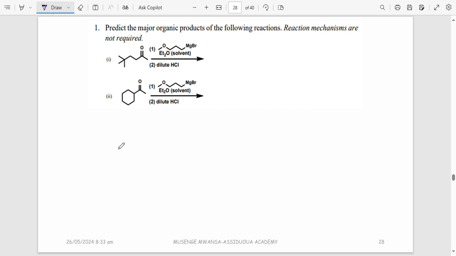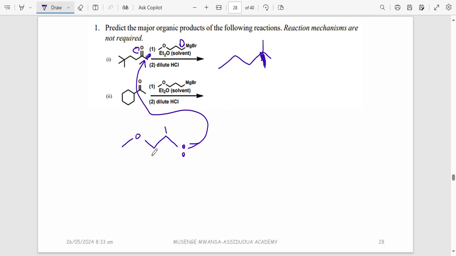Okay, so basically for the Grignard that we have, all you do is remove the MgBr, the bond comes here. So we're going to have a negative charge here. This guy is the one which will go and attack here, right? Breaking this bond. So we're going to form this. Remember, this guy is coming to attach. So let me put a methyl here. This methyl that is already there.